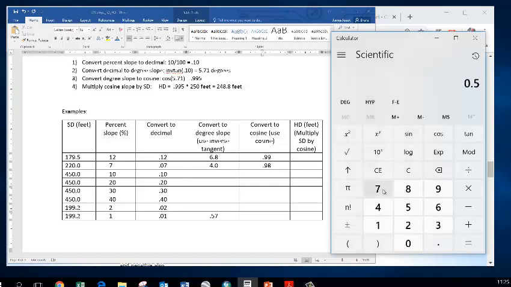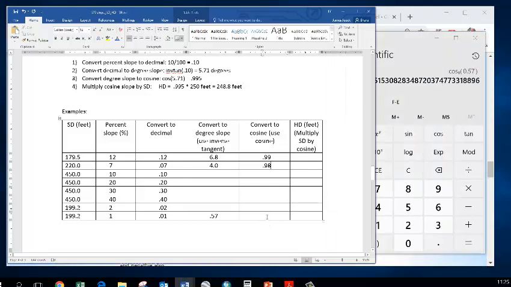So we go 0.57, cosine that bad boy. Now look at that. It's 0.9999. It's essentially no difference. Okay, so on really not steep slopes, the horizontal distance and the slope distance are almost exactly the same. All right, for all practical purposes.